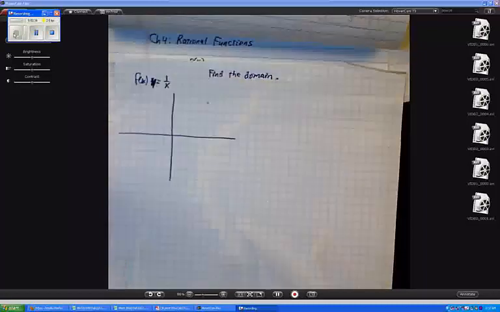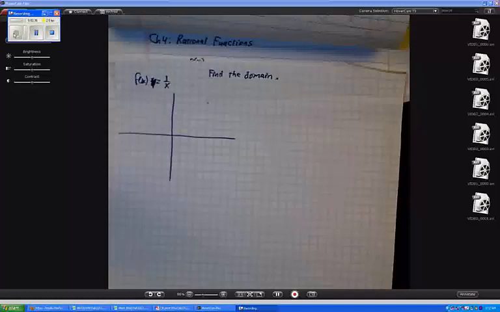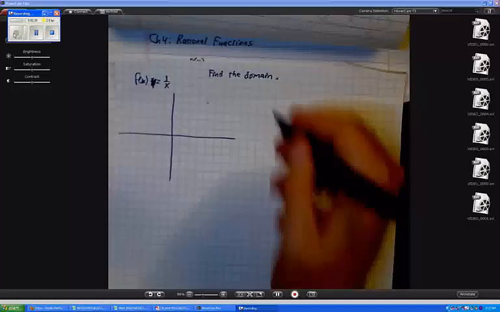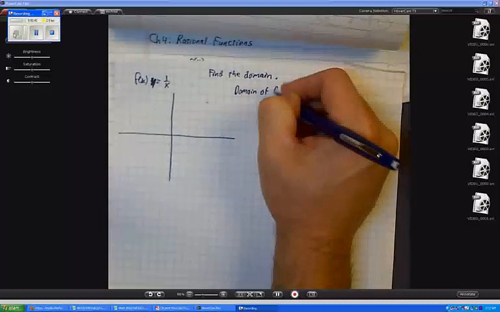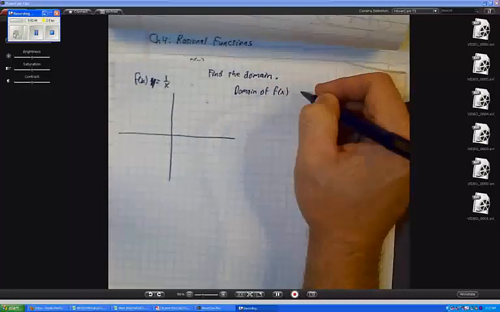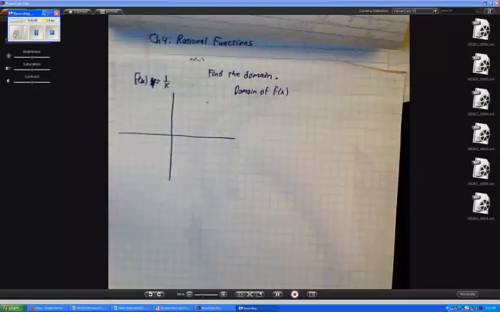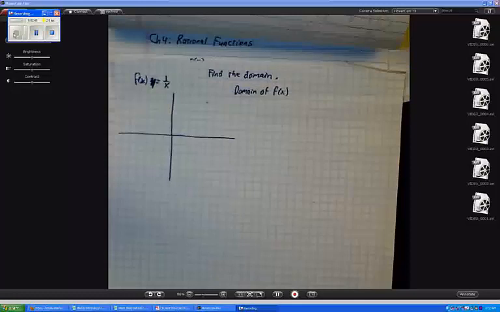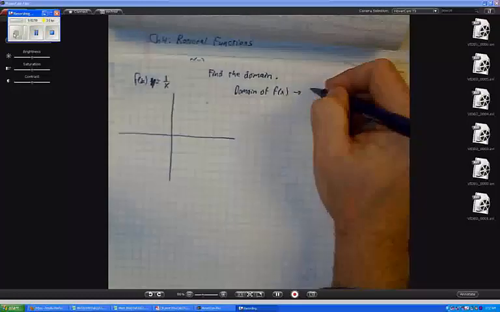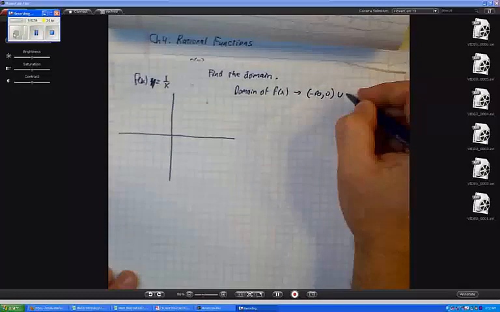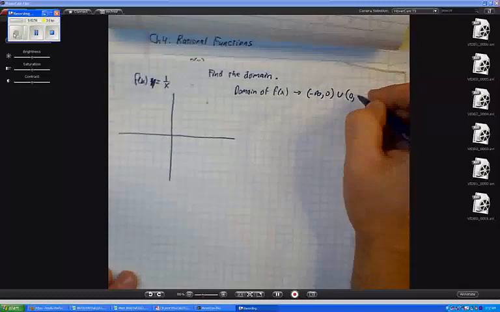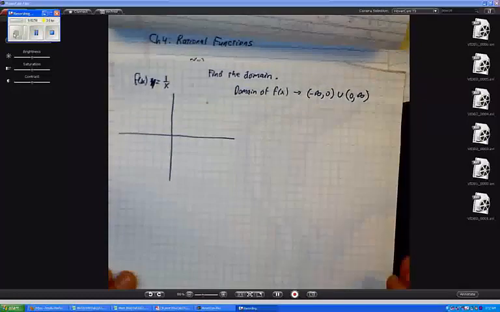Well, what would you tell me is the domain of f? We always ask, what can it not be, right? And it can't be 0. So the domain of f, you'd say, from negative infinity to 0, and also from 0 to infinity, but we're not allowed to equal 0, right?